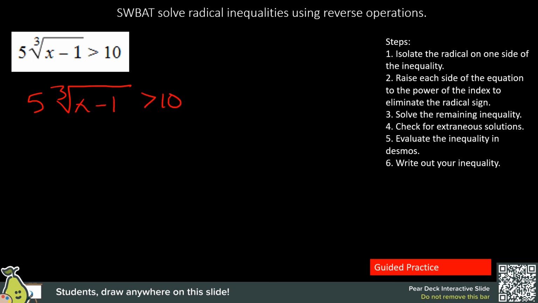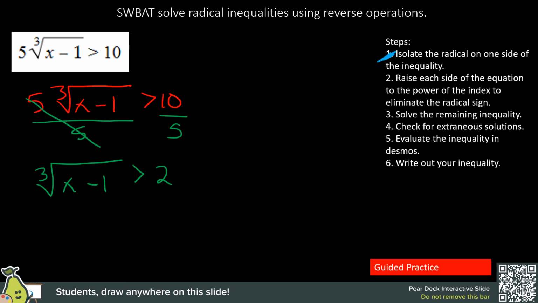Step 1, isolate the radical, so we need to divide both sides by 5. The 5 simplifies out. I would have the cube root of x minus 1 is greater than 10 divided by 5, which is 2. So step 1 done. Step 2, raise the equation to the power. So we want to raise both sides to the third power.